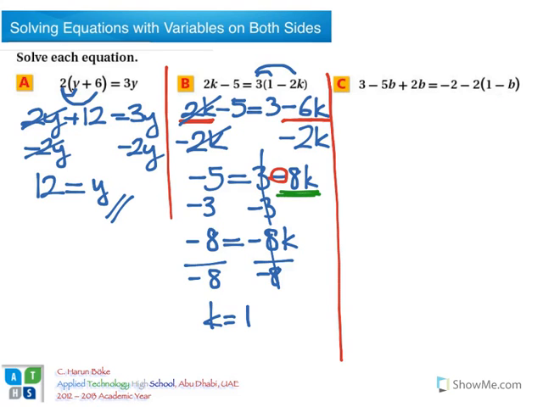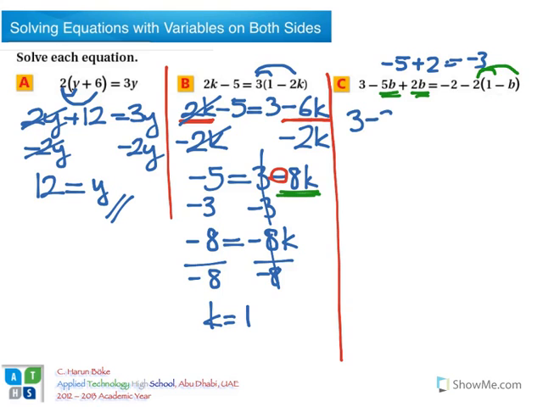Now here I have to expand the brackets in the right hand side. 2 minus 2 times 1 minus 2 times minus b, and on the other hand there are like terms here. I have to also simplify those two. Now it is 3 minus 5b plus 2b minus 5 plus 2 will give me minus 3.